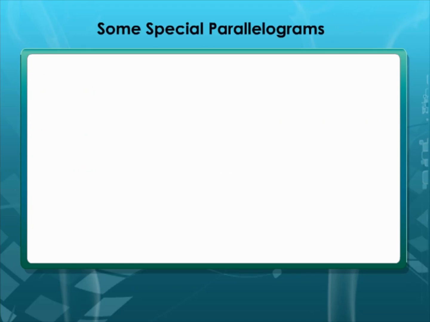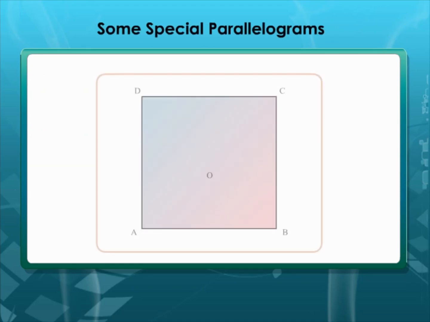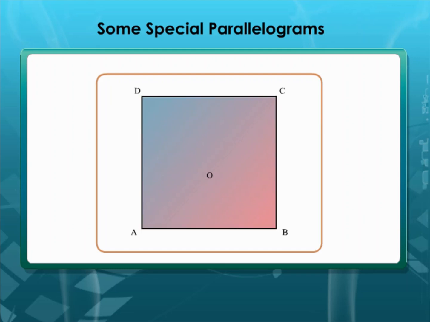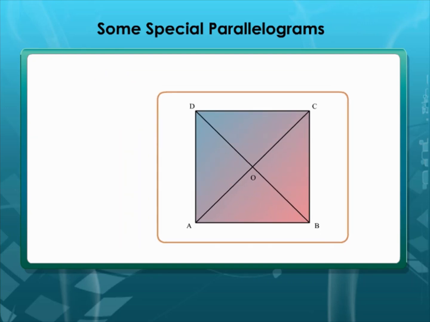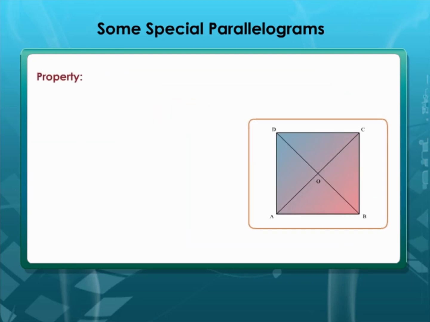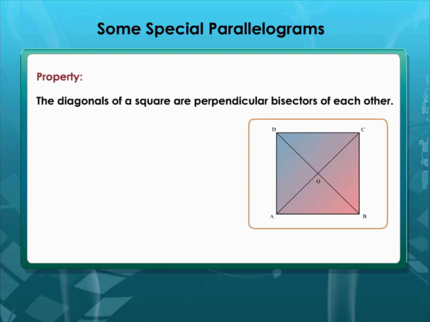The last special parallelogram is a square. A square is also a quadrilateral with 4 equal sides and angles are also equal. The square, like the rectangle, has diagonals of equal length. In a rectangle, there is no requirement for the diagonals to be perpendicular to one another. Consider the property. The diagonals of a square are perpendicular bisectors of each other.